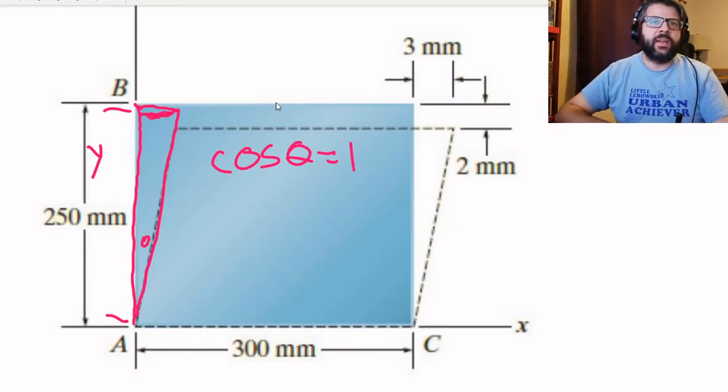So any change in the y here is assumed to be entirely due to the normal strain rather than due to the shear strain.